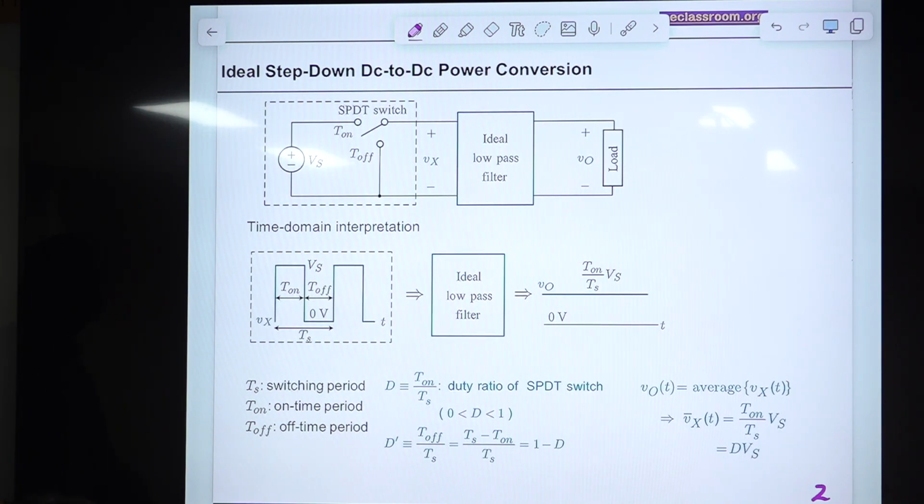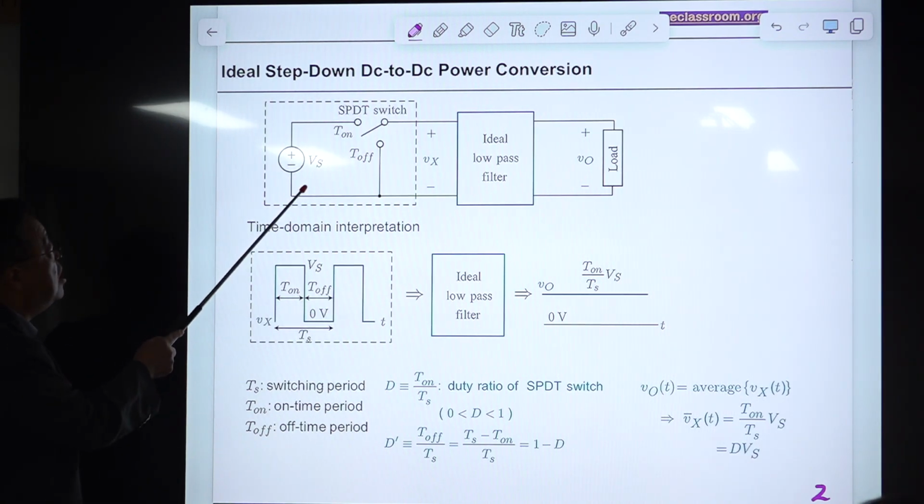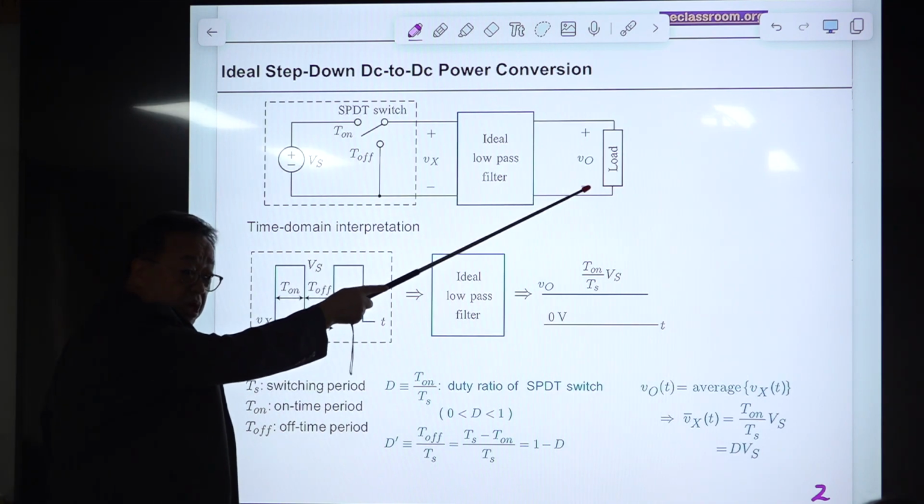All right, this is page number 1, and this page is a condensed description of the buck converter. I'll explain the term buck later, but this is an ideal step down DC to DC power conversion. Ideal means we are assuming everything is ideal. Step down means this is the input voltage and this is the output voltage, with something in between.